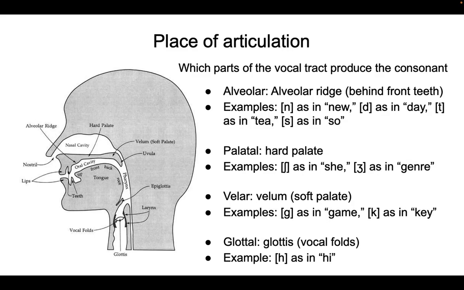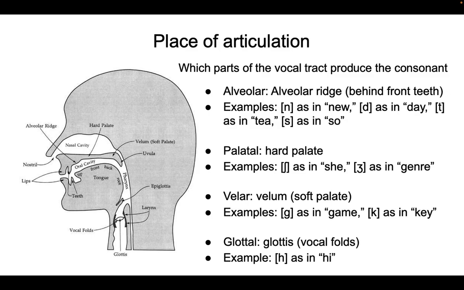Palatal consonants are produced with the tongue and the hard palate, which is part of the roof of the mouth. Examples: sh as in she, zh as in genre. Velar consonants are produced with the back of the tongue and the velum, or soft palate, which is the back of the roof of the mouth.